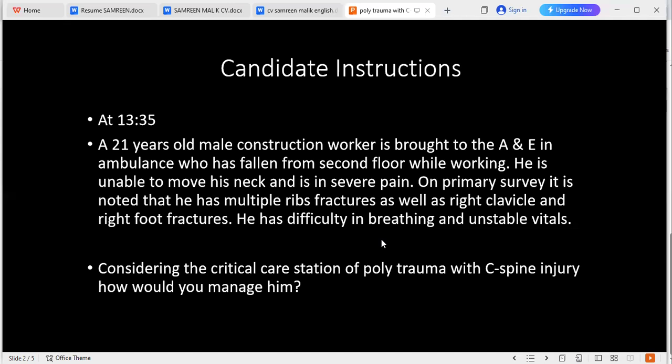What is the admission criteria into ITU? Admission criteria, we can come back to it later. How do you suggest the patient's clavicle should be taken care of?